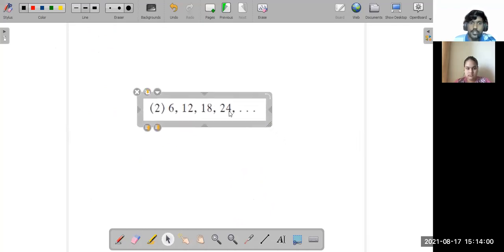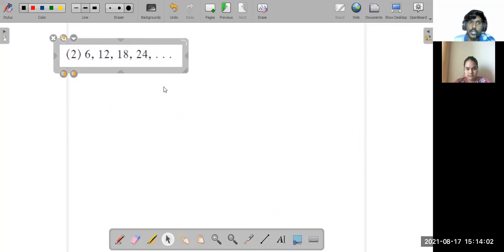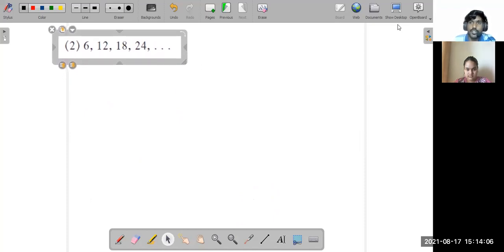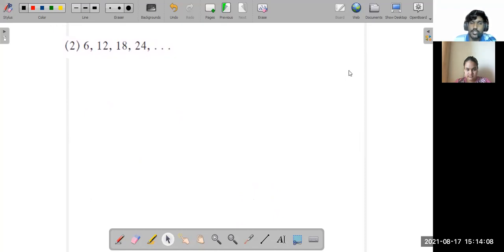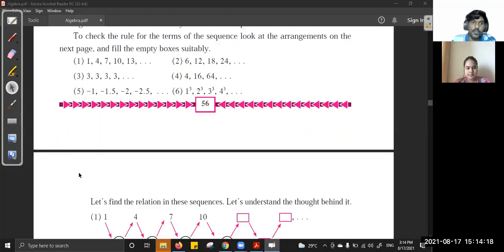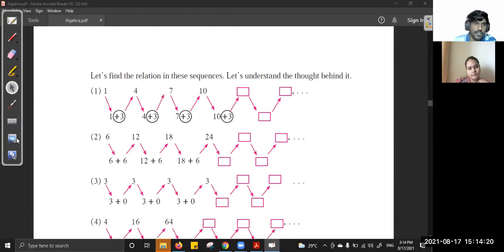Second sequence: 6, 12, 18, and so on. What can you see here? What is the rule here? It's increasing by 6. Correct, that's the table of 6.